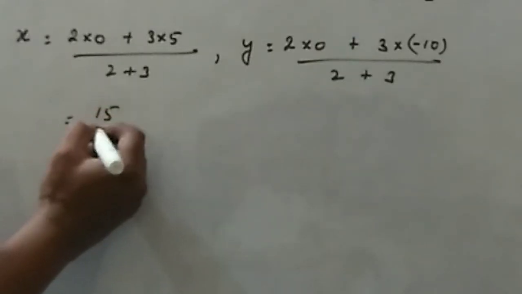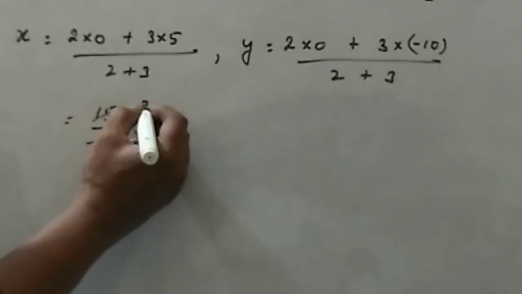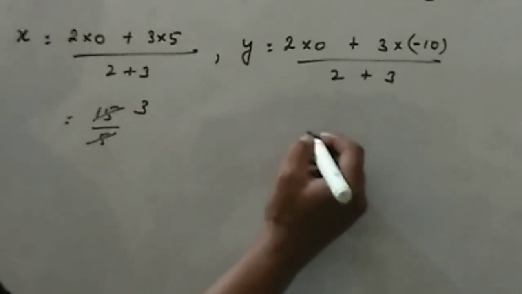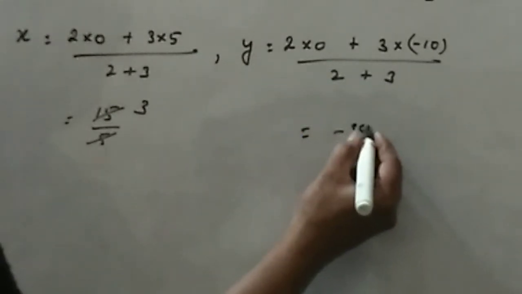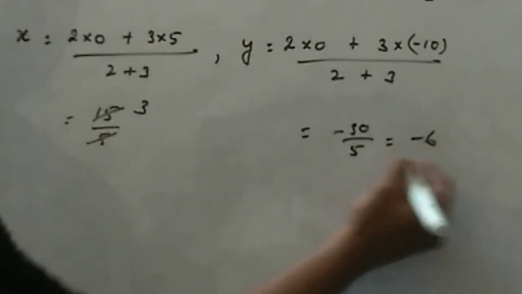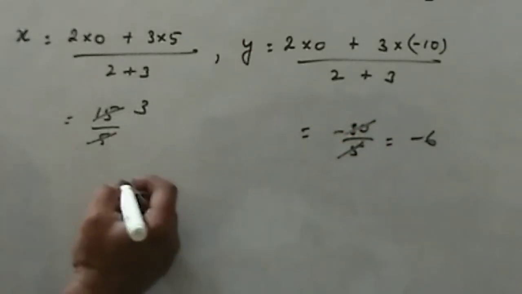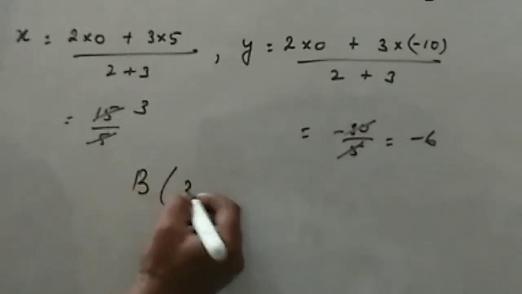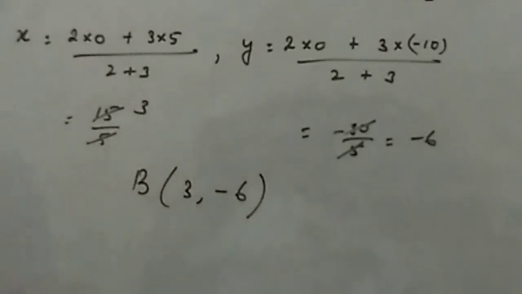So 15 upon 5, you will get 3, and here -30 upon 5, you will get -6. So B is (3, -6).